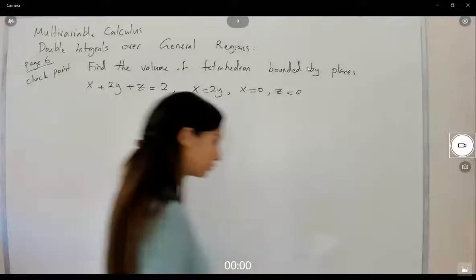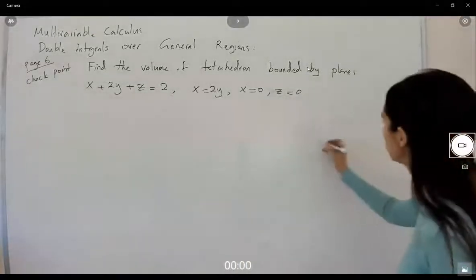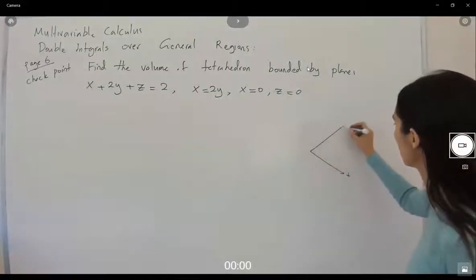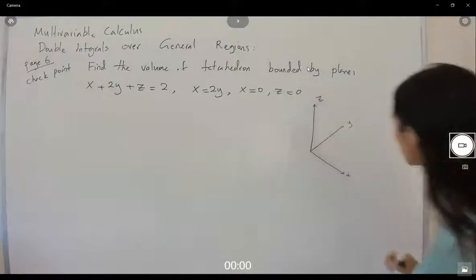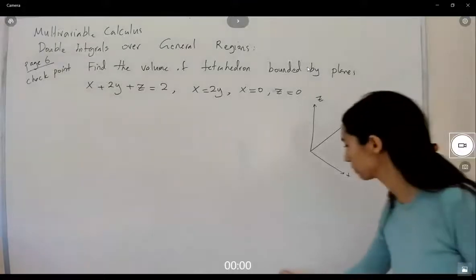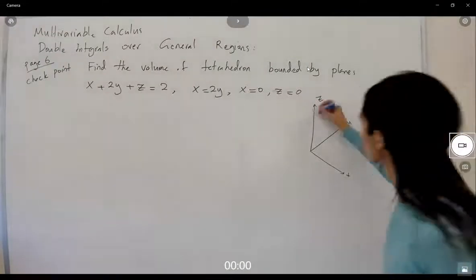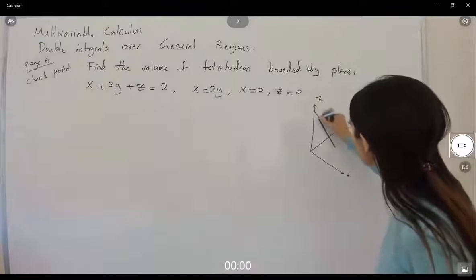So if you try to visualize this, it's going to be like this. Suppose this is your x-axis. Here you have your y-axis, then you have your z. Very well. Let me use a different color for you. It's going to be having a shape like this.